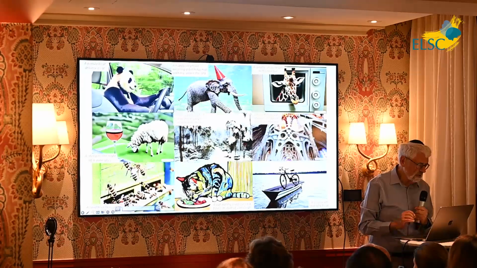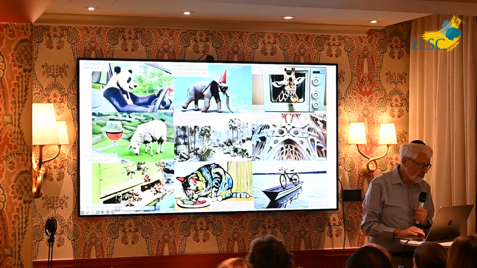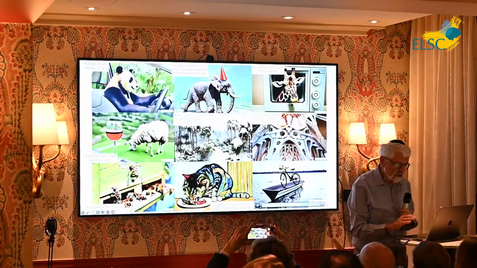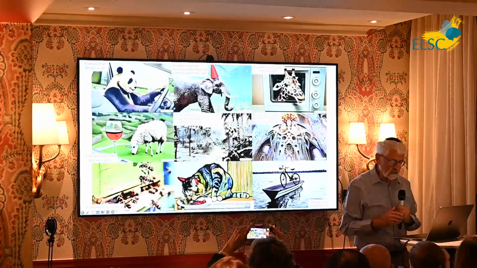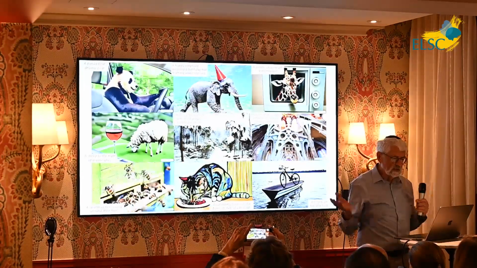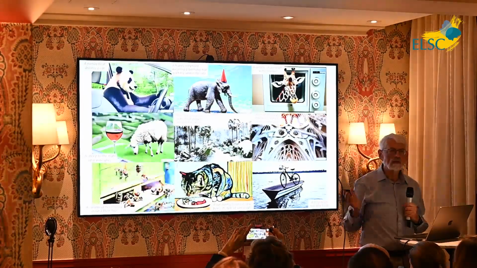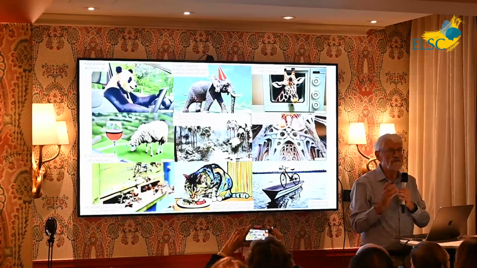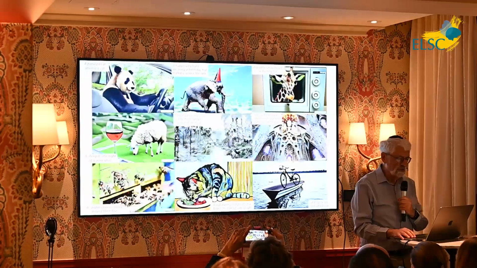A sheep to the right, a cat doing this, a bicycle on the top of a boat, and that's what it gives you. It's unbelievable. It's so realistic, and so creative. I apologize for those human beings here.